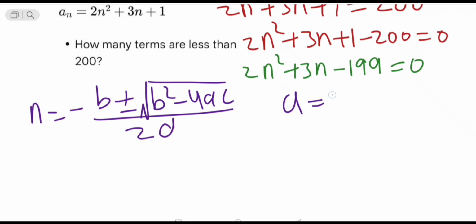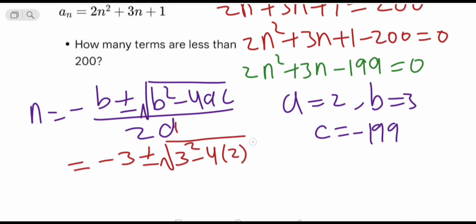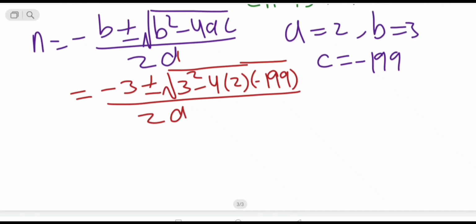The coefficient of n square is 2, b equals 3, c equals minus 199. Now we will replace the values: minus 3 plus or minus the square root of 3 square minus 4 times a equals 2 times c equals minus 199, over 2a.